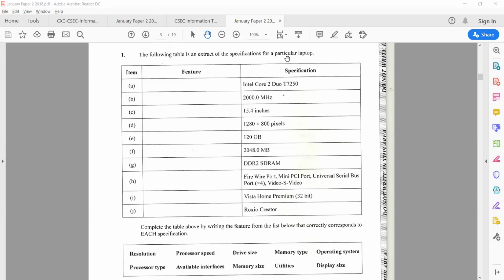And Vista Home Premium 32-bit. That's the utilities? Actually, no, it's the operating system. Yes, that will be the operating system, and Roxio Creator will be the only option we didn't use yet, which is the utilities.